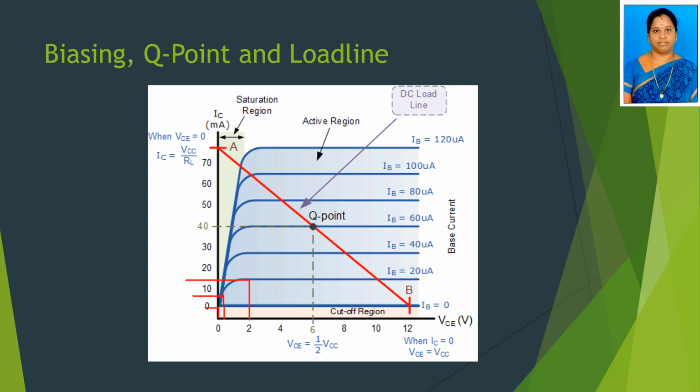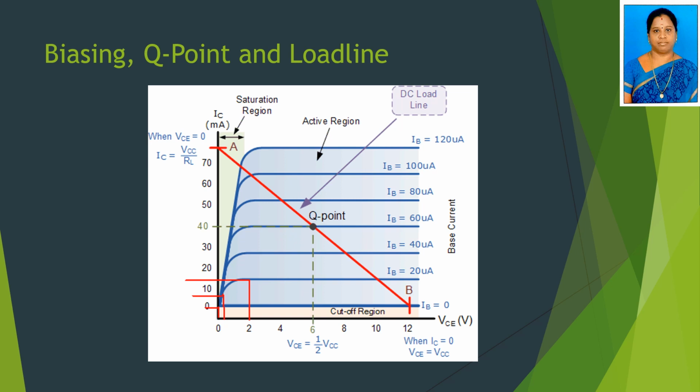Okay. And then what is the Q point? See here, the Q point we always have to fix at the center of the load line. So first of all, we have to know what is the load line. See here, first consider the point A. In this graph, on the y-axis we have the collector current IC.